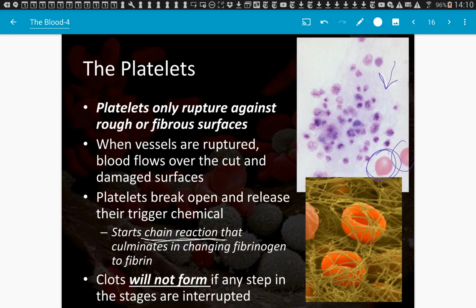And if any one of those clotting factors is not present or is not functional, usually from a mutation, sometimes it's genetic, it disrupts the entire clotting process and clotting will not occur. So every single step relies on all the other clotting chemicals.